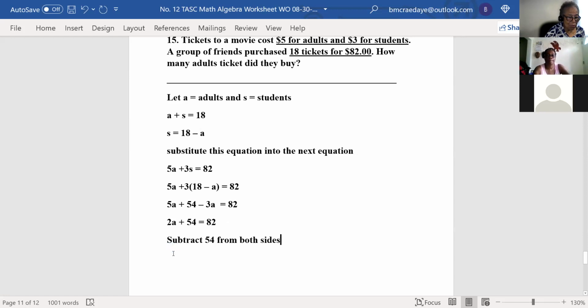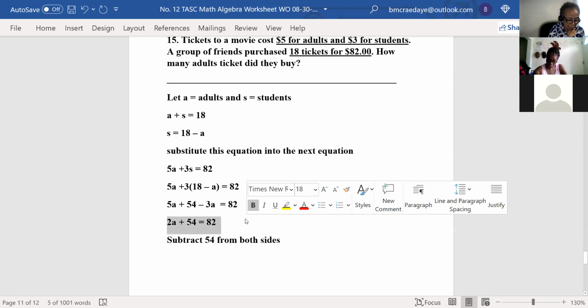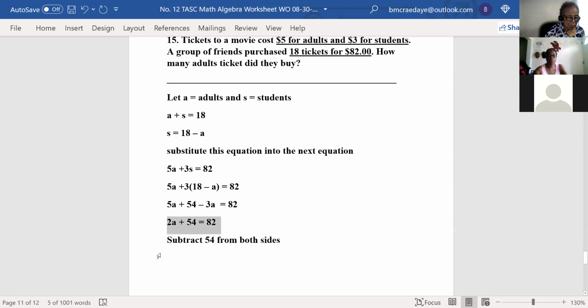And that would give you what? So that would be minus 54. Minus 54 on the right, and a plus 54 and a minus 54 gives you 0, right?